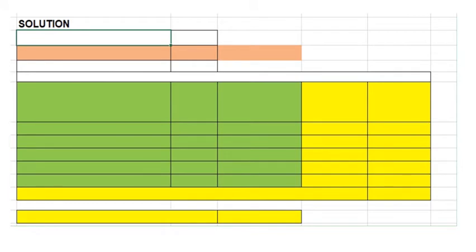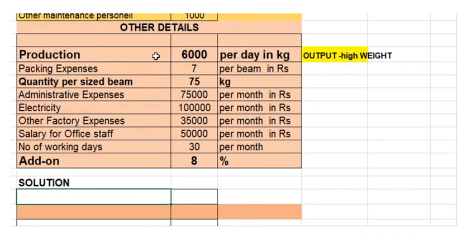We need to calculate the input warp yarn weight in kgs. So the output is the production, which we know. As the sizing process increases the weight, we are applying the size paste to the warp yarn, so there will be an increase in the weight. The output weight will be higher than the input, according to the add-on percentage given here.